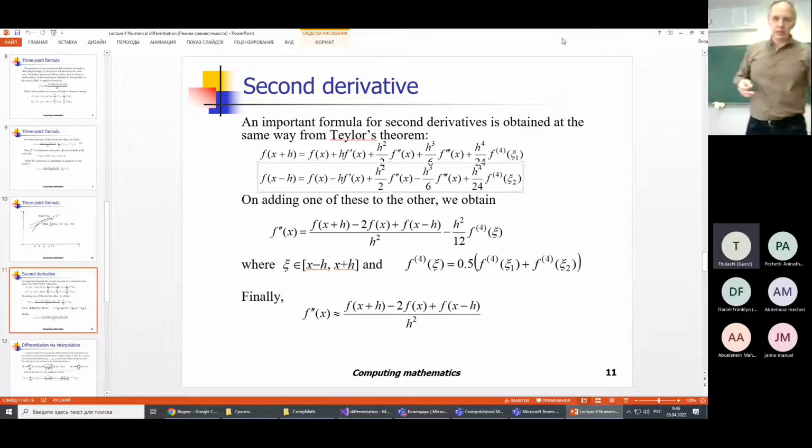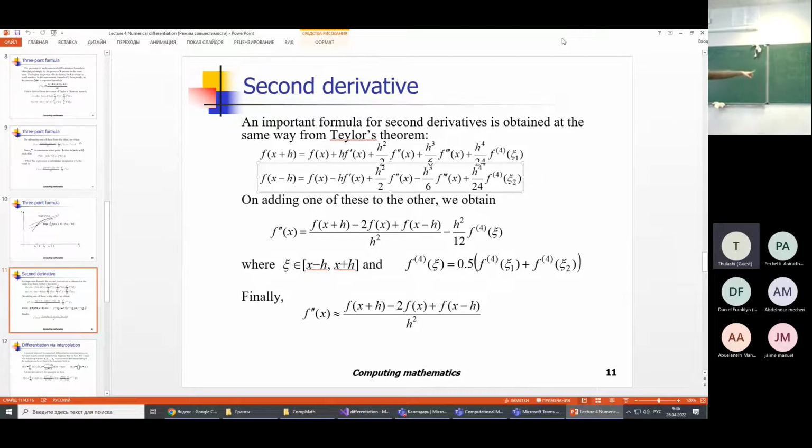And if we consider the point x equals 1, the real value of the second derivative, what is it at the point 1? Just 6. So it's the precise real value. The second derivative at the point 1 equals 6.